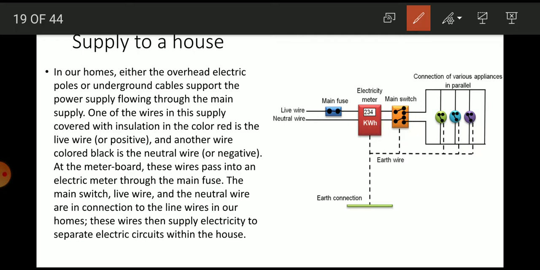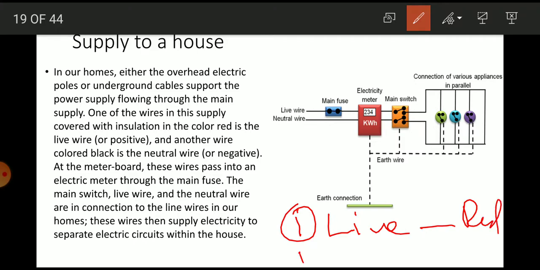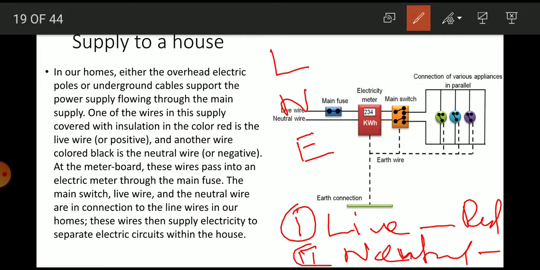So you have three types of wire: live wire, which will be red, neutral wire, which will be black, and earth wire.